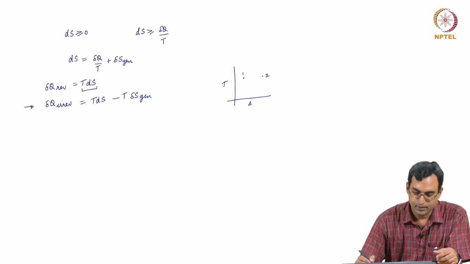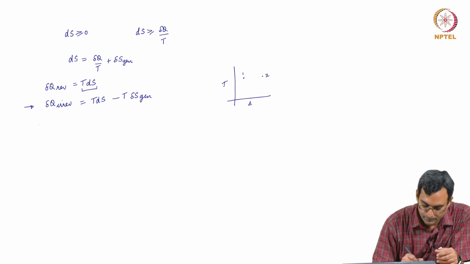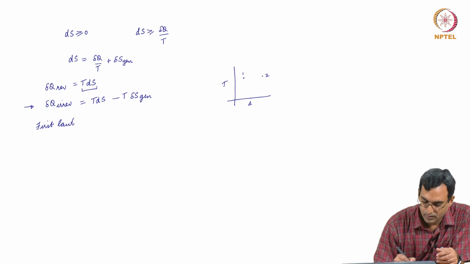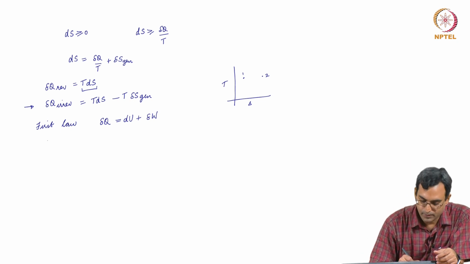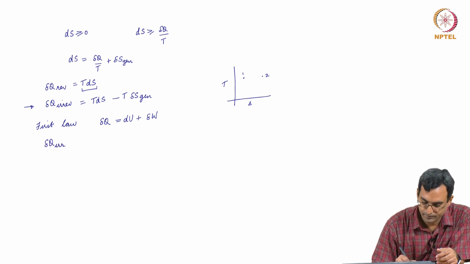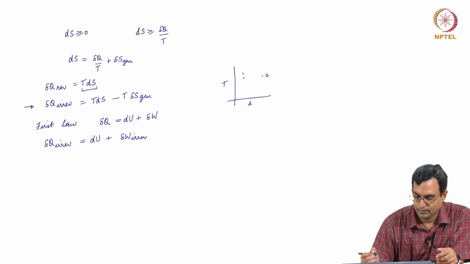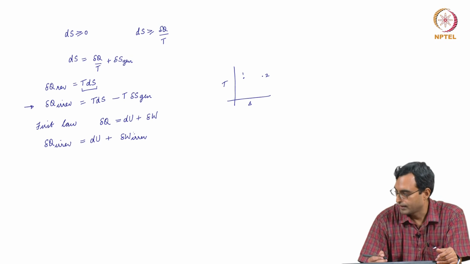So, let me apply the first law to the irreversible process. The first law is of the form del q is equal to du plus del w. So, for the irreversible process I have del q irreversible is equal to du plus del w irreversible.